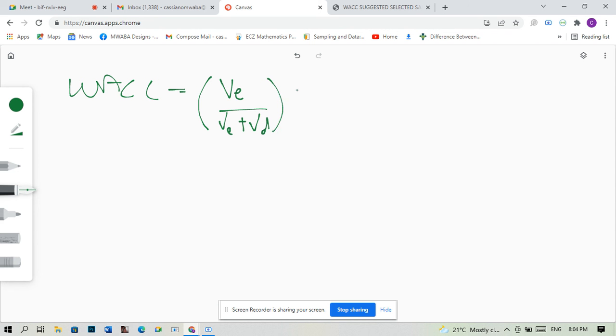Then we're going to multiply this by the cost of equity plus the proportion of debt out of the total capital structure, VD over VE plus VD, times KD times 1 minus T.